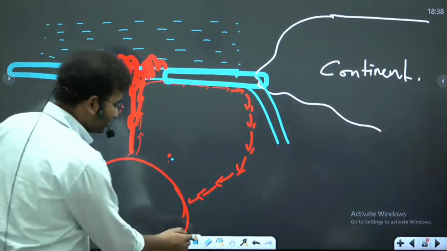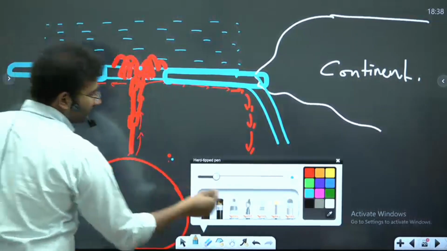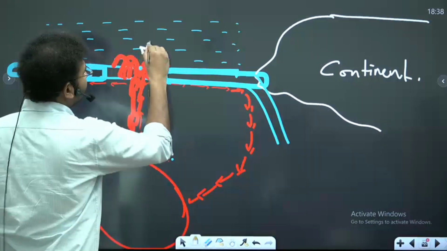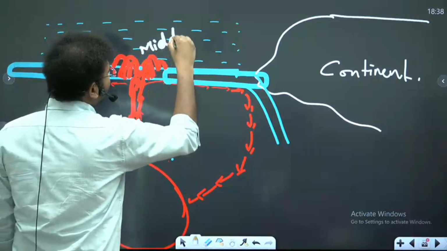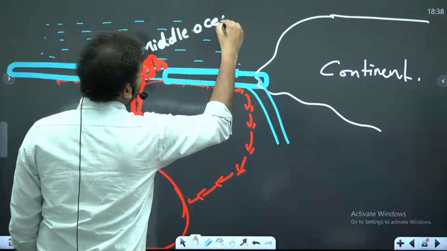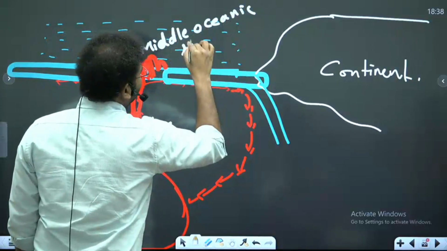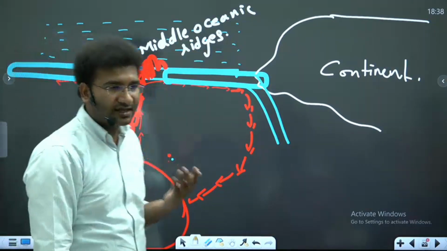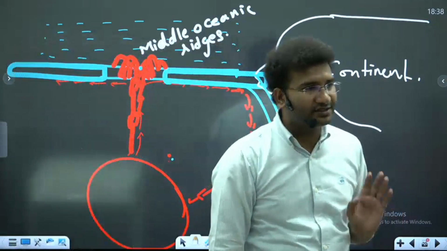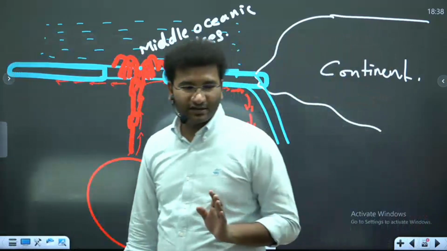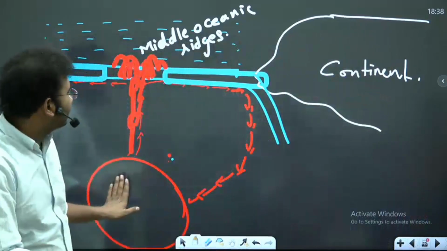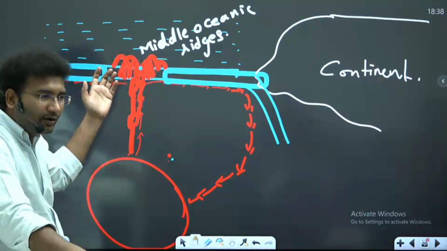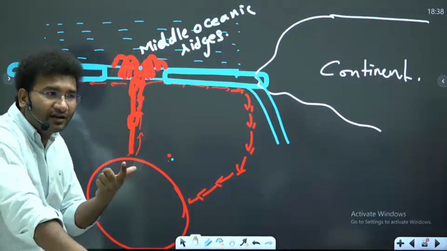They are present in the middle of the ocean, so you call this the middle oceanic ridge. If they are present in the Atlantic Ocean, you call it the Atlantic middle oceanic ridge. Right? Ridges are nothing but the mountain side. So likewise, the rising limb will push the plates.